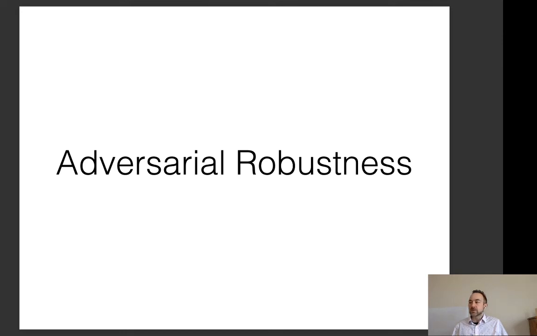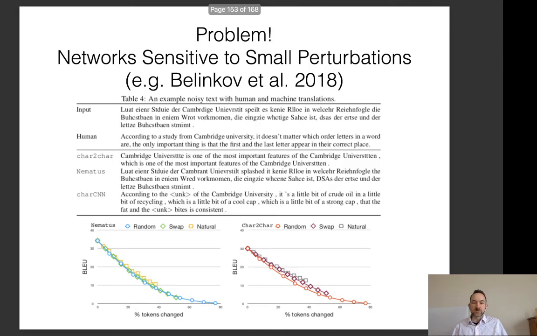And finally, I'd like to talk a little bit about adversarial robustness. So the basic idea is that neural models are very sensitive to small perturbations of the input. For example, if we add a bit of noise to the input of a translation system, a human could read it and be insensitive to this noise.